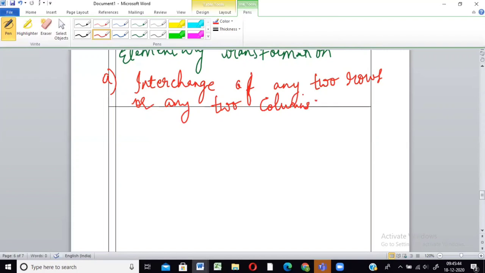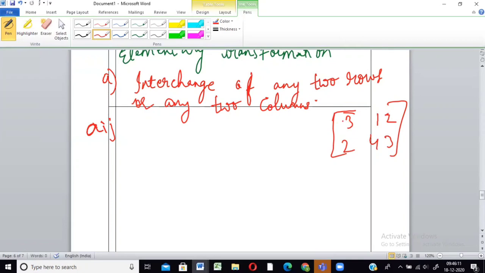If any row or any column is changed, the elements of matrices we always write in general like this, right? Aij is any element. Suppose this is the matrix you have: 3 1 2, 2 4 3, something like this. Suppose this is the first element that I have. What is the position of this element?